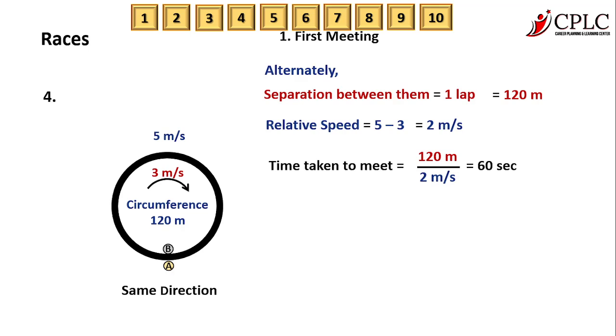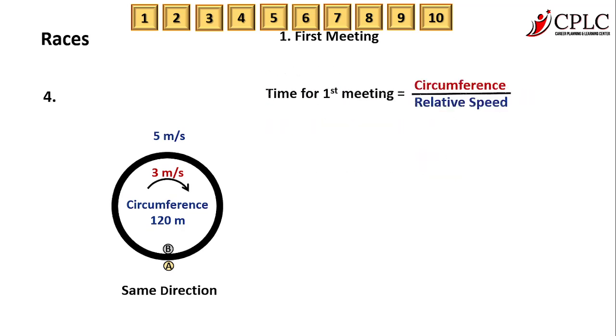Then let's talk about the second question, which is very interesting, which says time taken for the first meeting at the starting point. So here you have to understand there are two meetings that are happening in this particular scenario, and the second meeting is the one that will happen at the starting point.